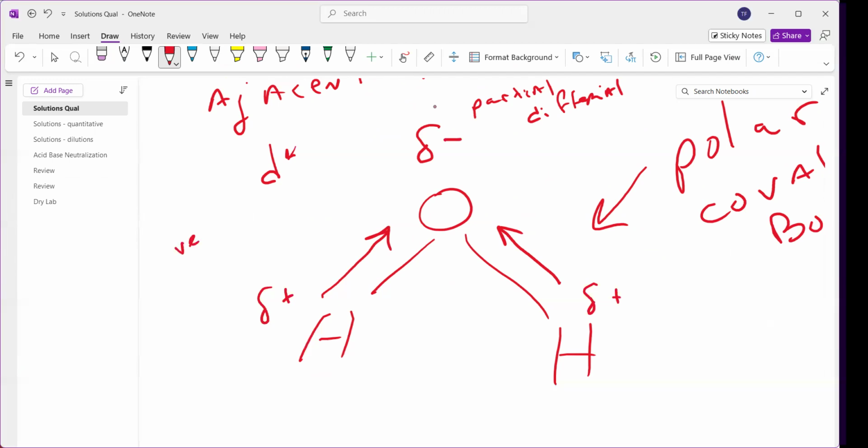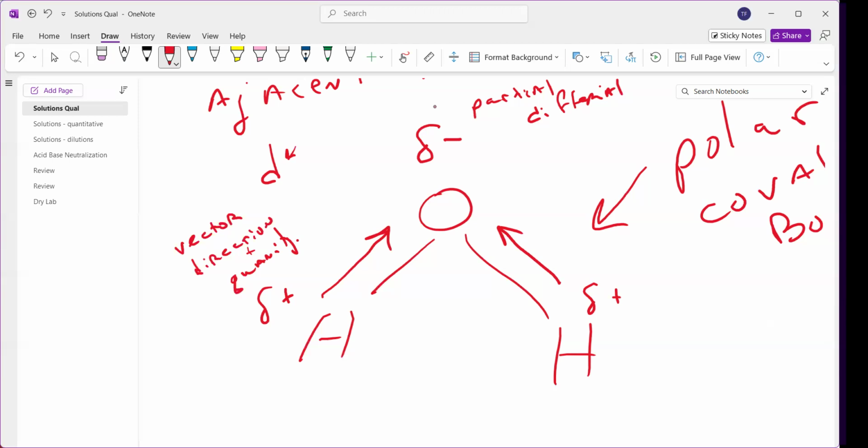Direction and quantity. If the direction is opposed to the other force, they cancel each other out, assuming the quantities are the same. So if we've got X going this way, then we've got Y going this way, and the quantity is the same, that means X and Y go away.